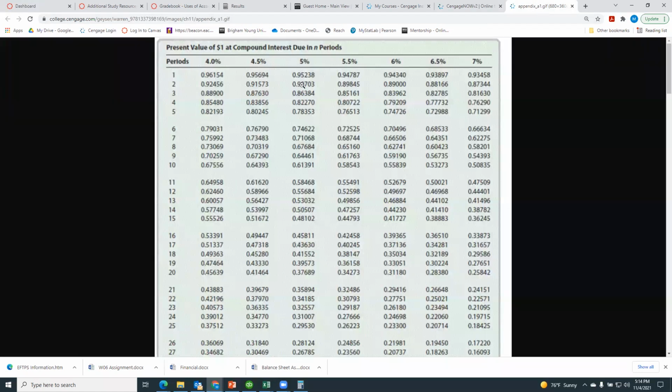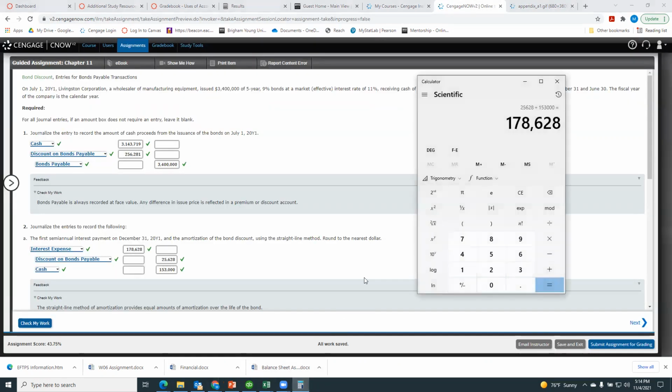So now I can look in here and say 5.5%, 10 periods, and this gives me what's called a present value factor, 0.58543. So if I come back here and I take that factor, 0.58543, and multiply it by the face value of the bond, I get the present value of $3,400,000.